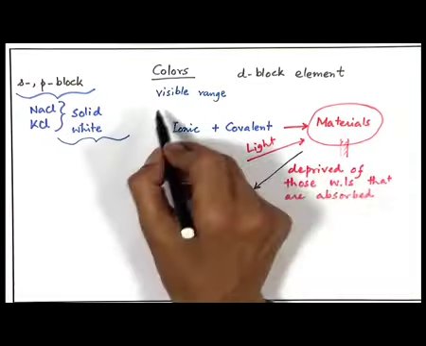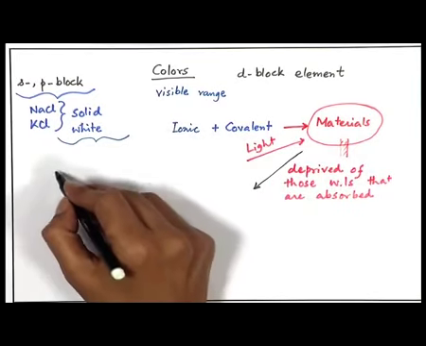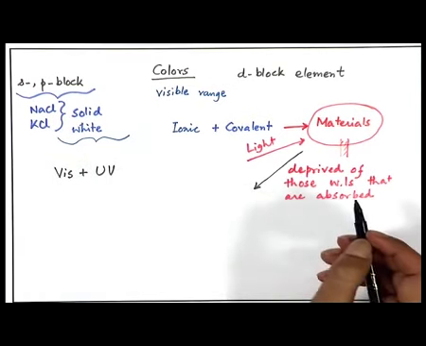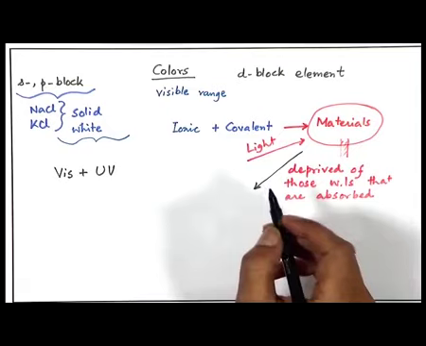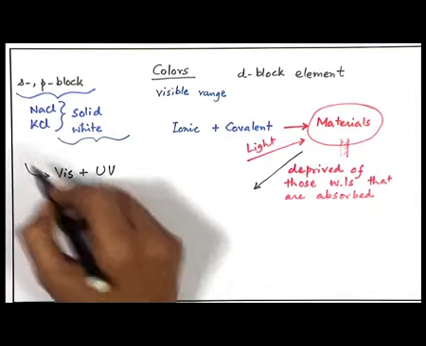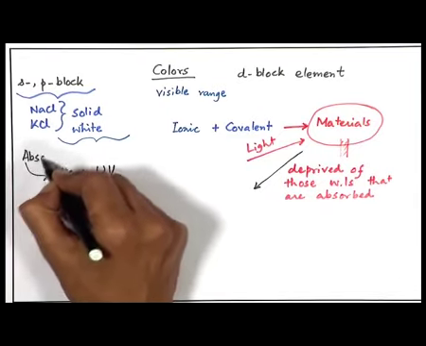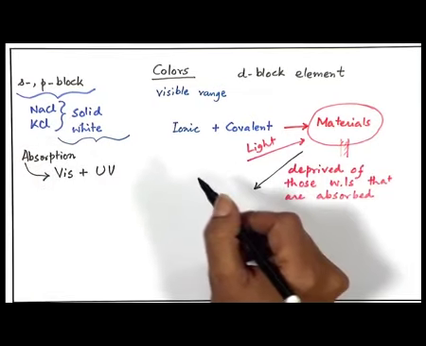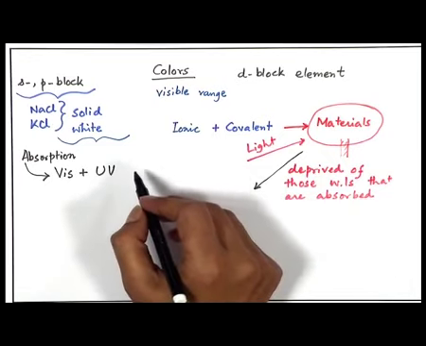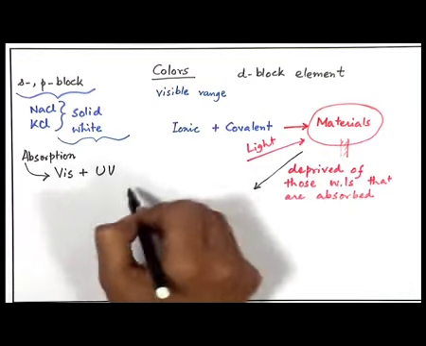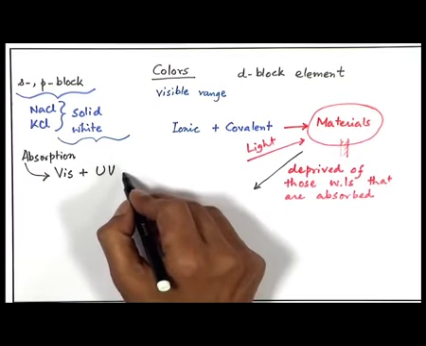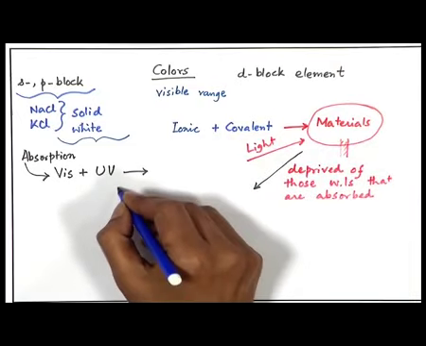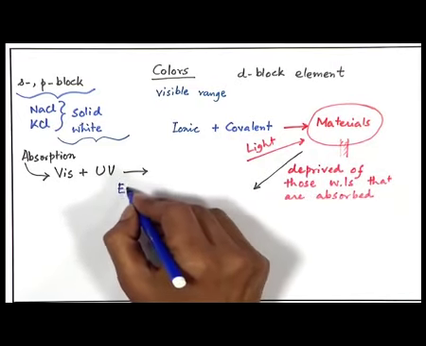This absorption is taking place not only in the visible region, but in the visible plus UV range. The absorption of a corresponding energy can be there, and if it is taking place in this particular range, it is due to changes in the electronic energy.